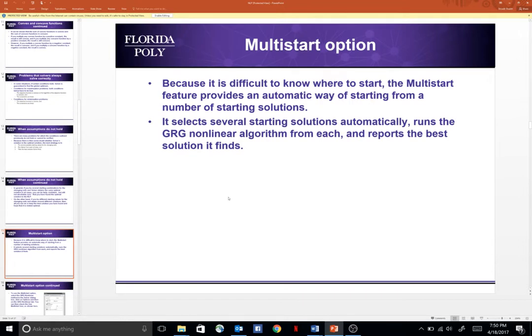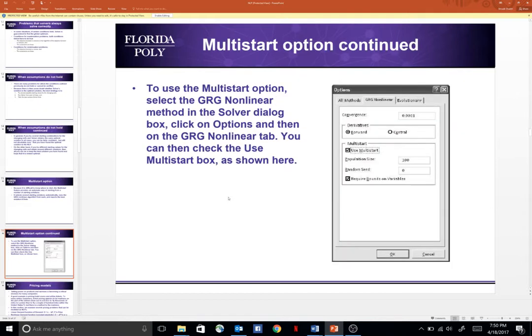And so what Solver provides is what's called a multi-start option. What that does is it allows your changing variables to start at different values, random starts.